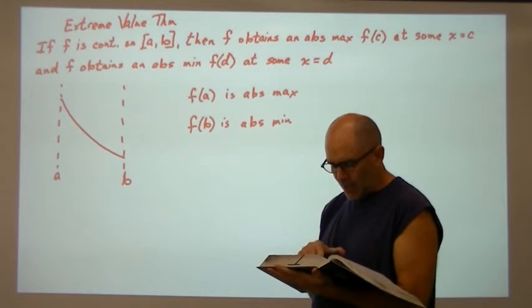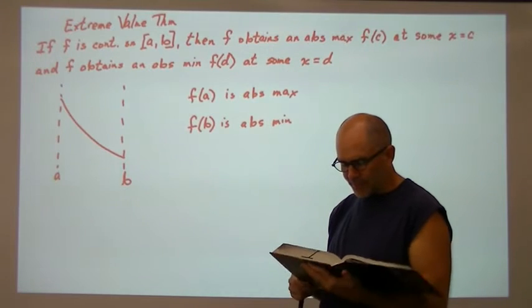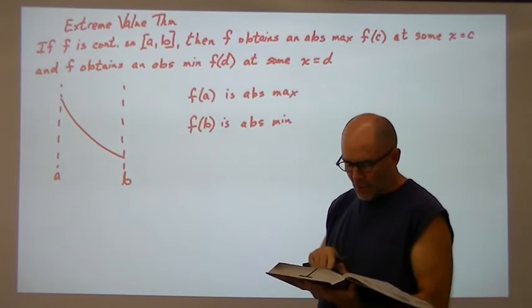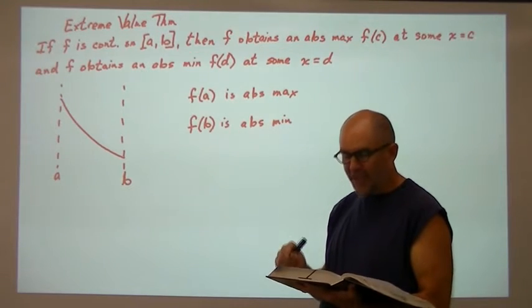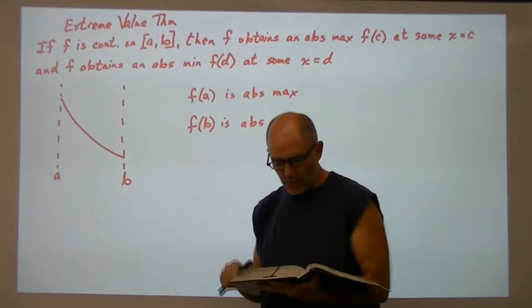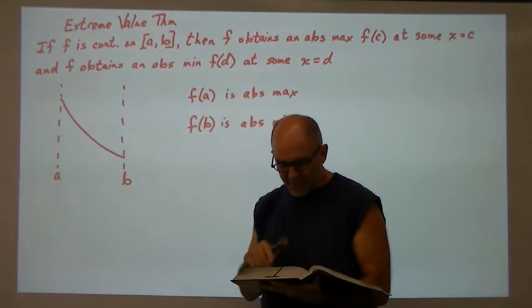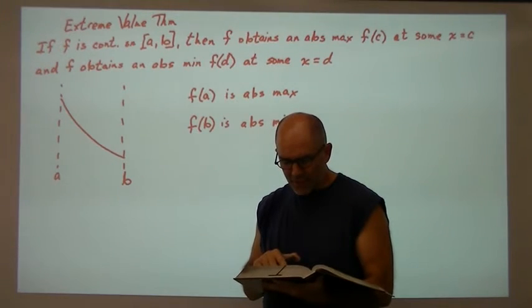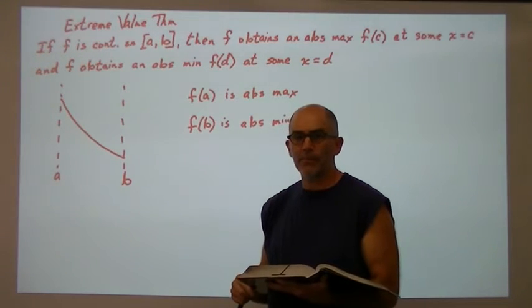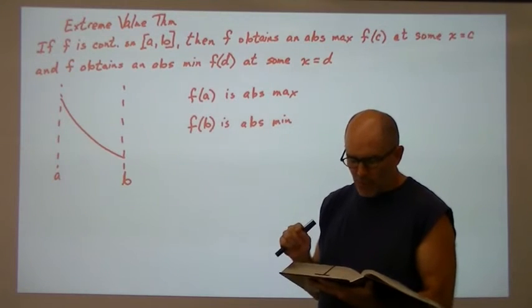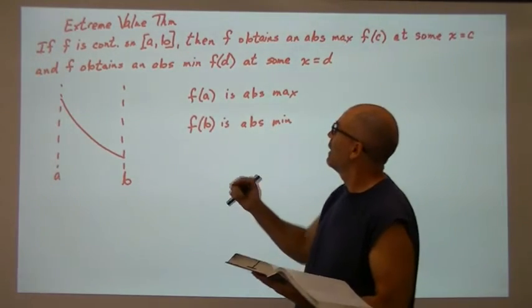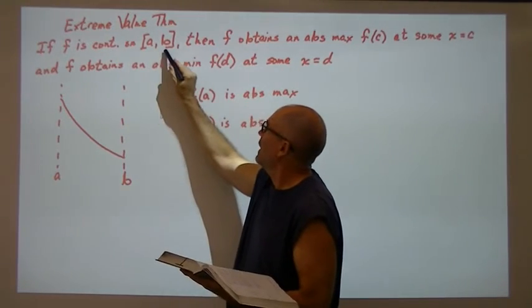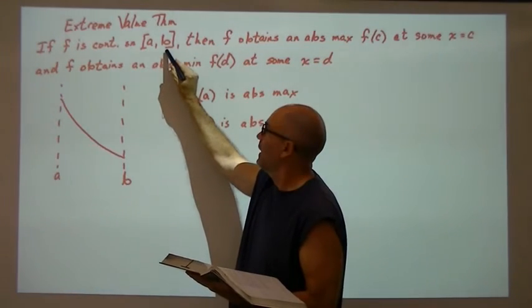And now, in figure 6, notice there is no absolute max there. So, does figure 6 contradict the extreme value theorem? No, it doesn't, because it doesn't have the hypothesis.